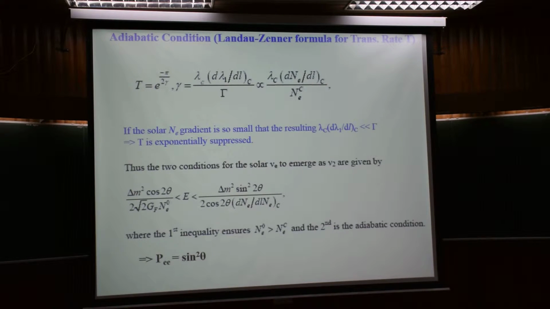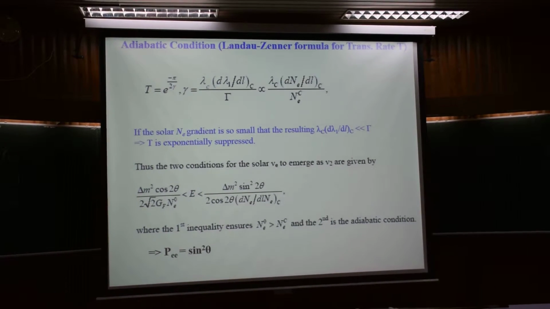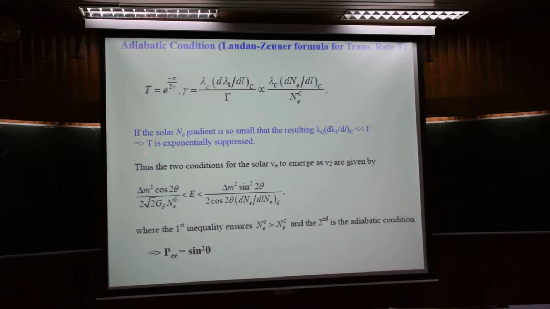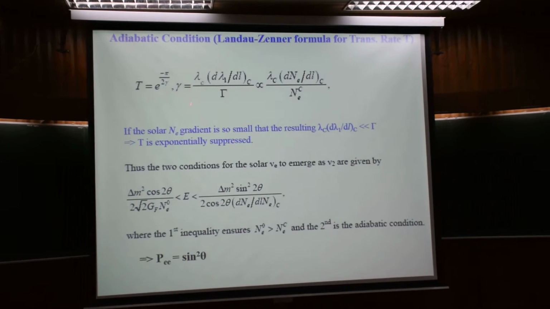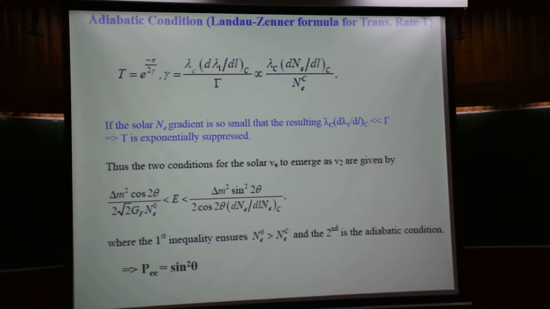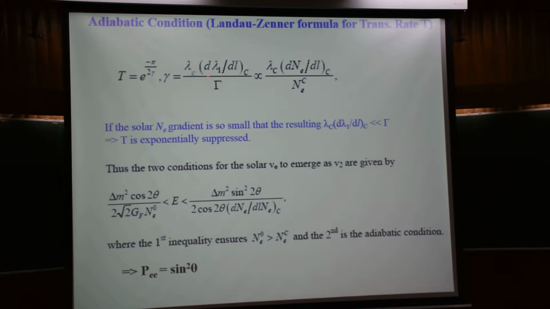The adiabatic condition comes from a calculation by Landau and Zener going back to the 1930s, which was done in a different context. But the essential point is the transition rate is e to the power minus pi over twice gamma, where gamma gives the ratio of the change of the first eigenvalue over one oscillation wavelength relative to the gap between the two eigenvalues.